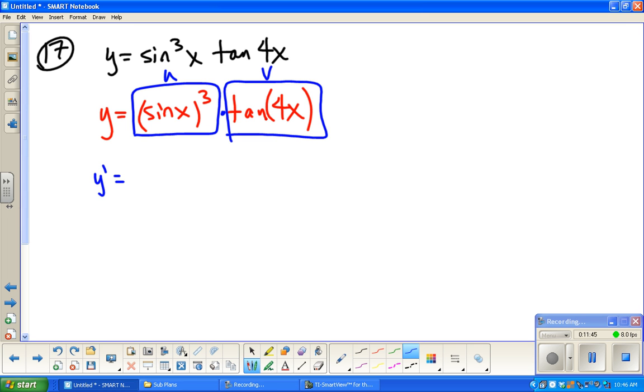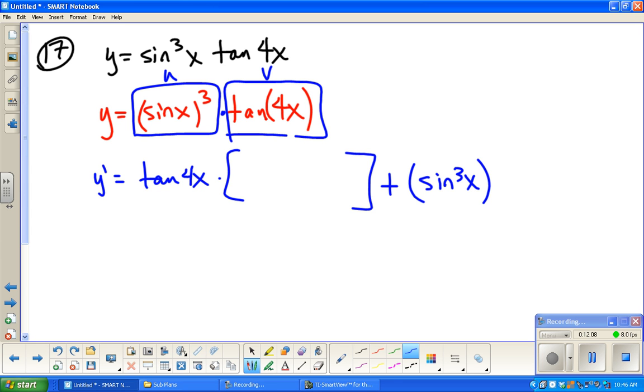So y prime is going to be v times u prime plus u times v prime.